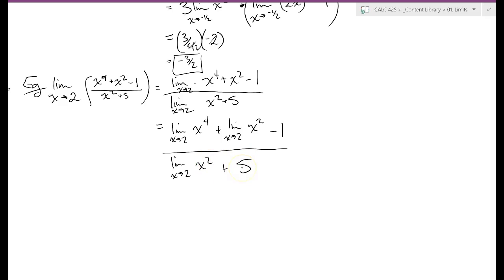Again, constants are unchanged by taking the limit, so I'm going to skip that step. So finally, 2 to the power of 4 is 2, 4, 8, 16, plus 4 minus 1, all over 4, because it's kind of nice, they show up twice, plus 5. So we get 16 plus 3 is 19 over 9 as my final answer. And again, I could check that on my graphing calculator to make sure that I'm right.